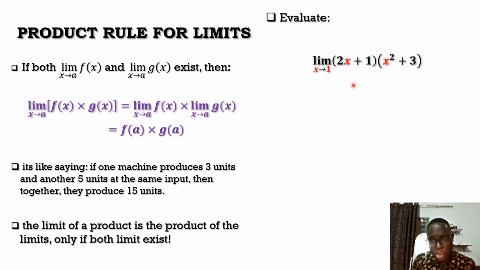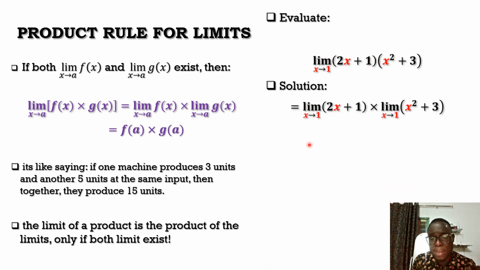So we have an example here to evaluate the limit as x approaches 1 of these two particular functions multiplying themselves, that is in the form of a multiplication product. So what are we going to do? We are going to split the two functions and find the limit for each respective function. And this will be the limit as x approaches 1 of 2x plus 1 times the limit as x approaches 1 of x squared plus 3.